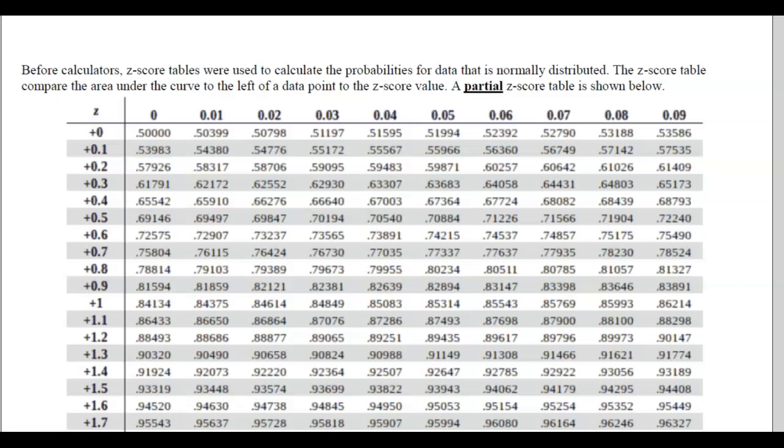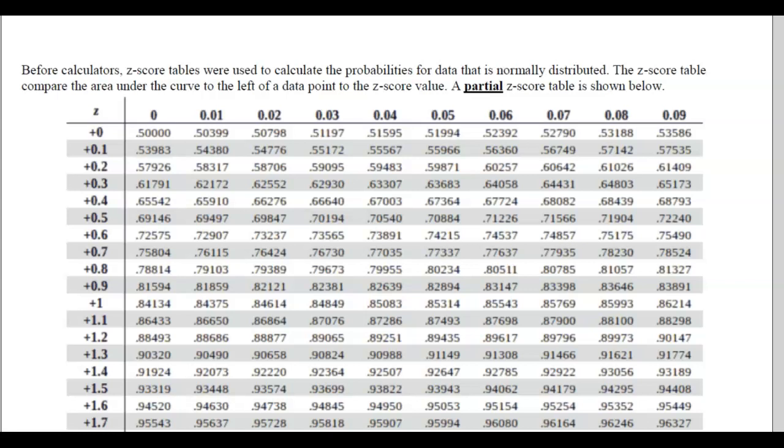Even up till about 12 years ago or so, not always were you allowed a calculator on a diploma exam, for example. So they would give you maybe a z-score table, or for trig, they would give you trig tables. You're not going to know all of those values off the top of your head.